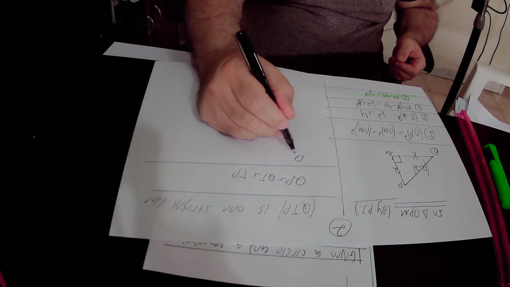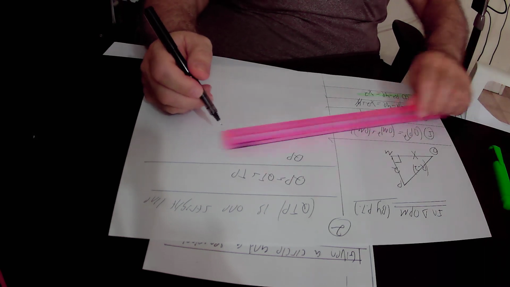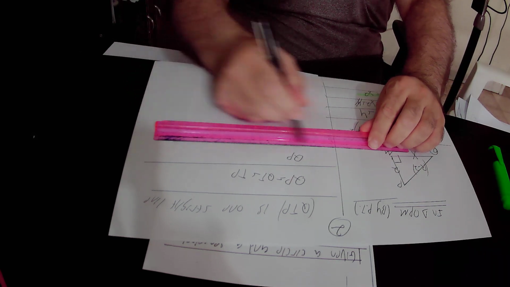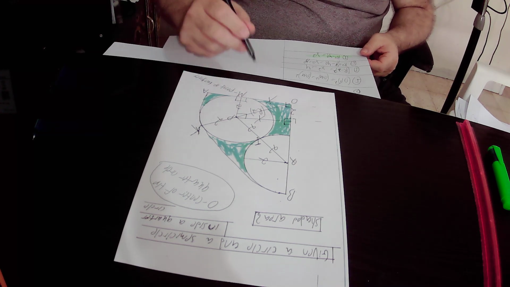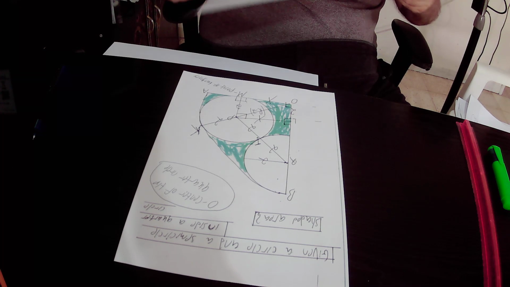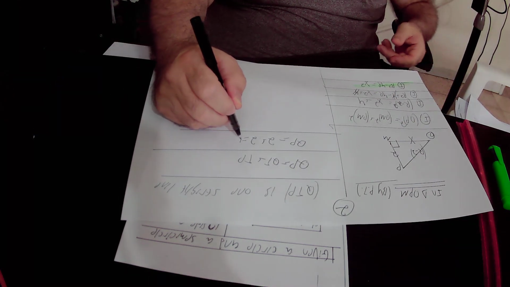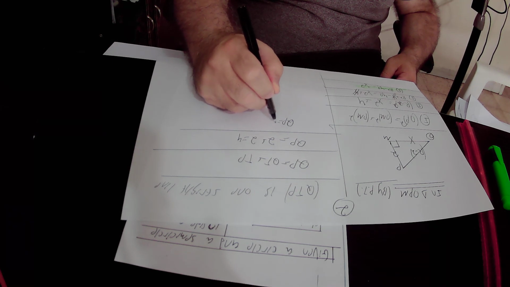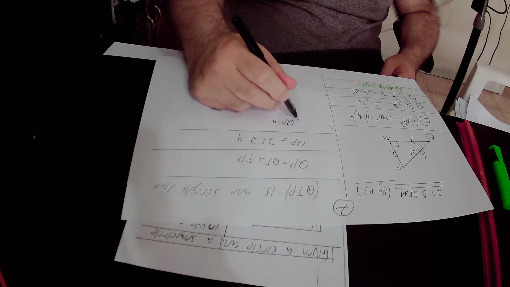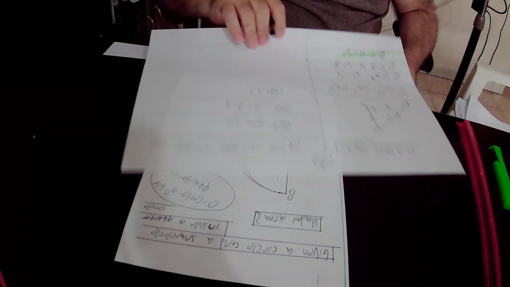That is to say, the straight line QP equals in its length QT, that is 2 units, plus TP, that is also 2 units. So QP equals 2 plus 2, that is 4. We found out that the straight line QP equals 4 units in its length. Okay?